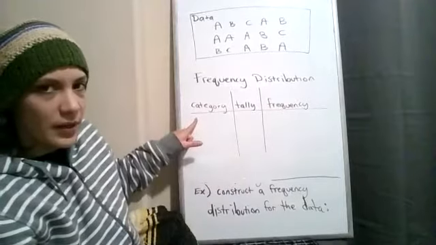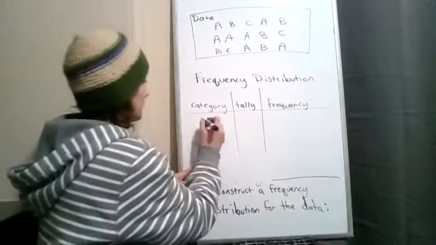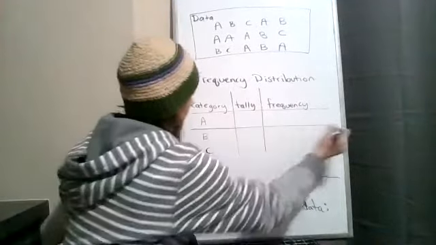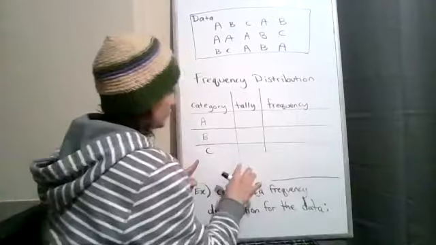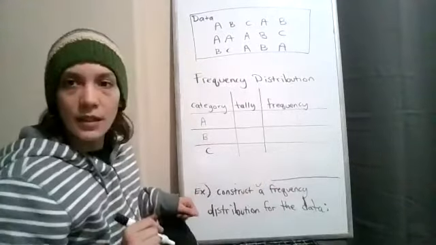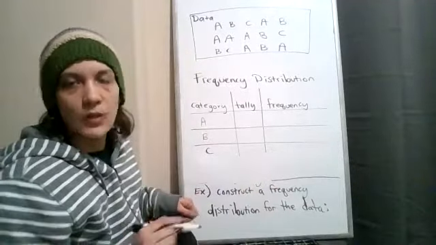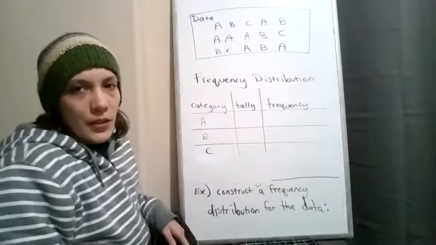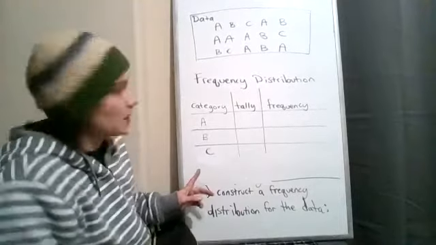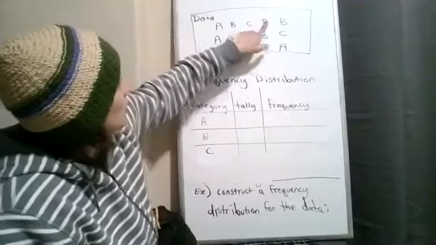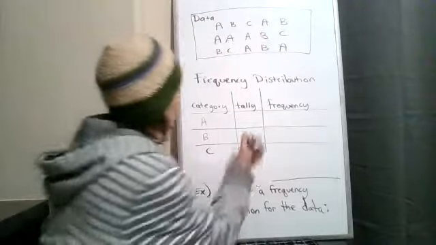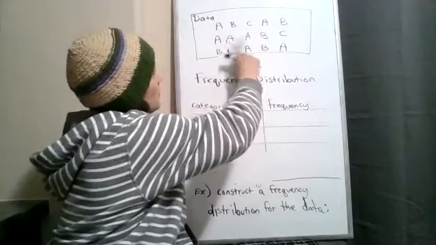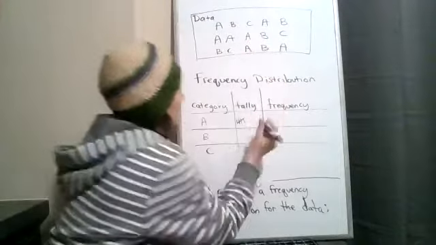The possible values are A, B, and C. Check with me, I may make mistakes, but there's 1, 2, 3, 4, 5, 6, 7.